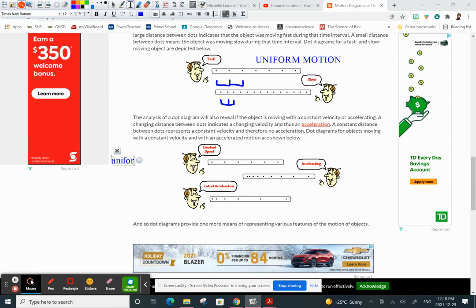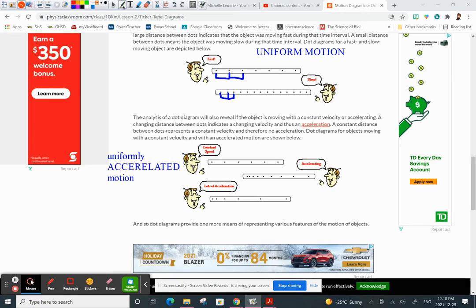Well, maybe it's uniformly accelerated motion instead. Accelerated motion. Anyways, if it's uniformly accelerated motion, then we're not going to see equal spacing between the dots.